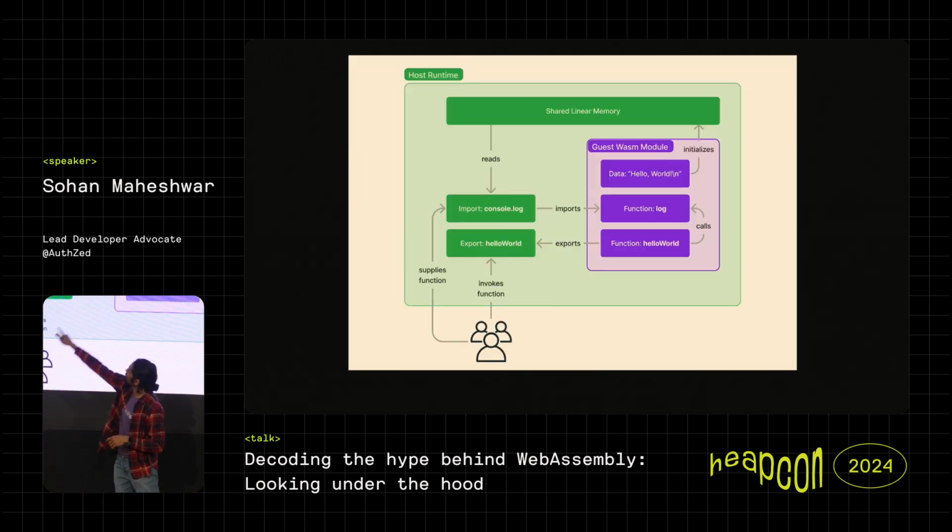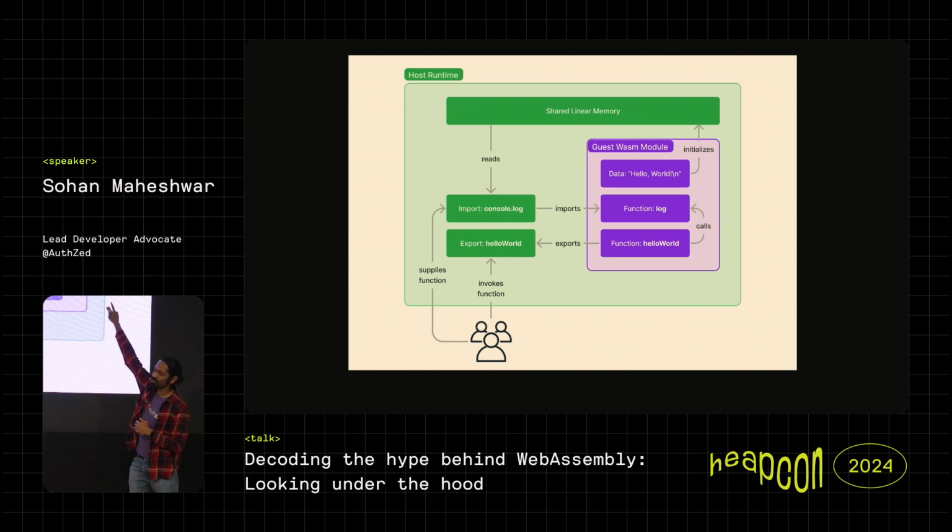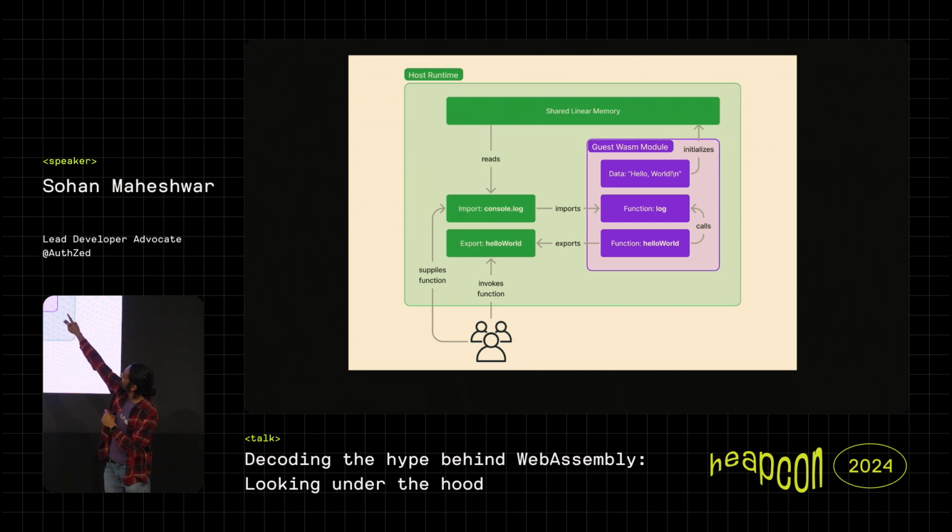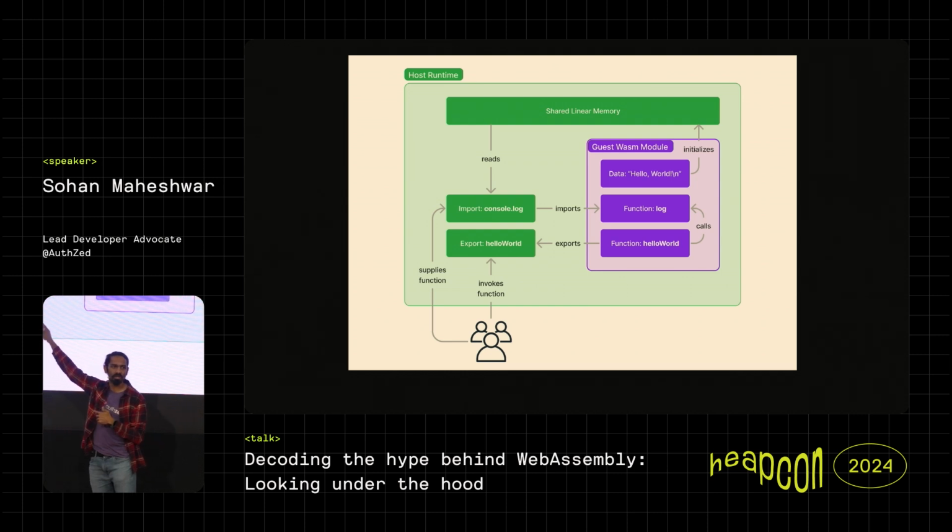This user supplies the function console.log. We saw that earlier. It invokes the exported hello world function, which goes into my guest WebAssembly module. But what is important to see here is that data hello world is initializing into the shared linear memory, which can also be read by the console.log because it is shared linear memory.